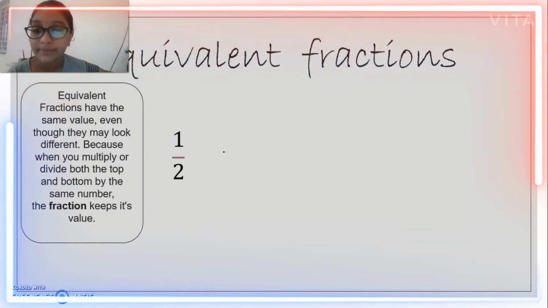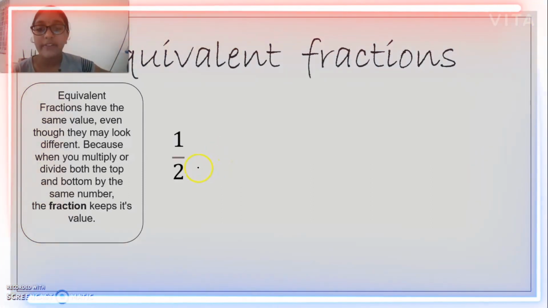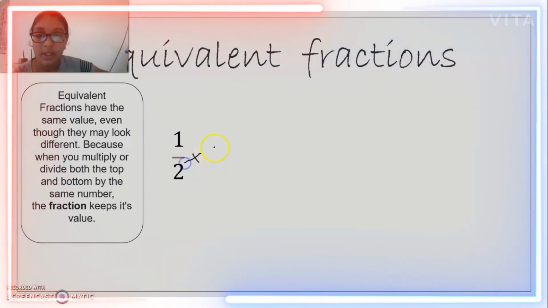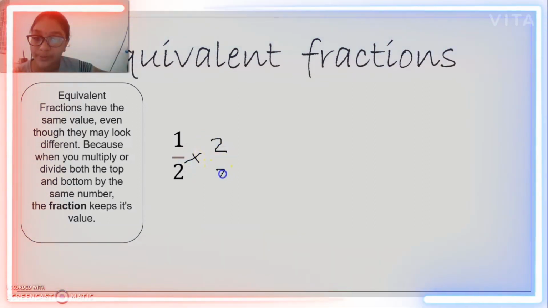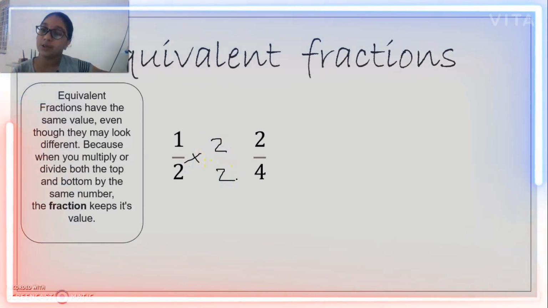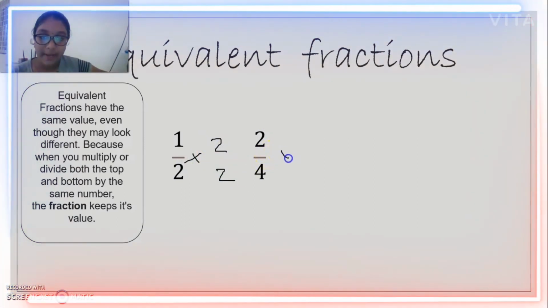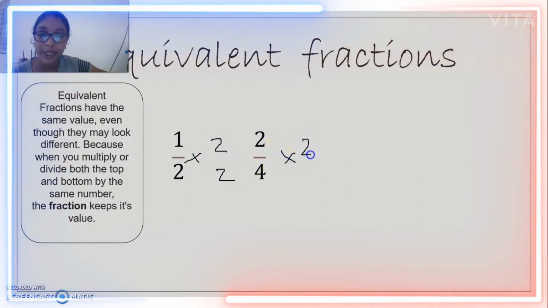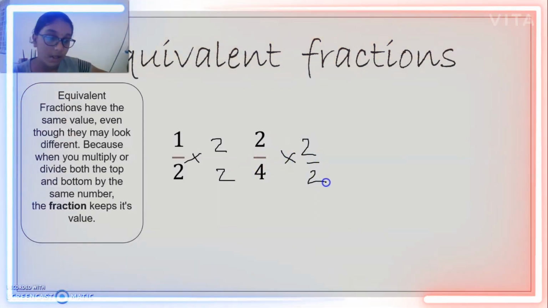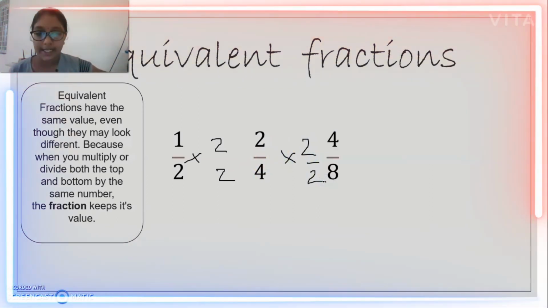For example, 1 by 2. If I multiply 1 by 2 with 2 into 2, you'll get the answer 2 by 4. If I multiply it again with 2 into 2, you'll get the answer 4 by 8.